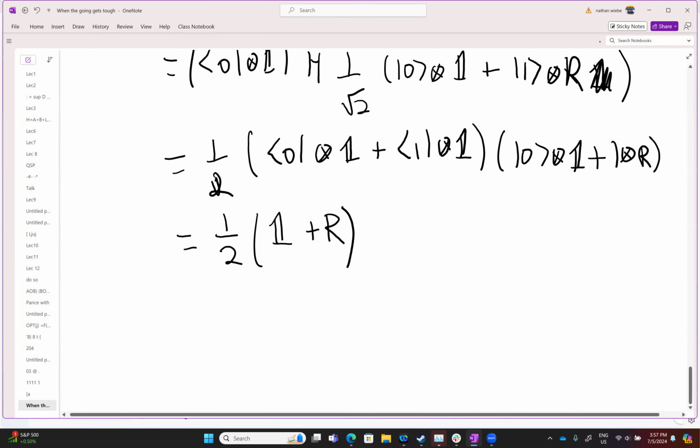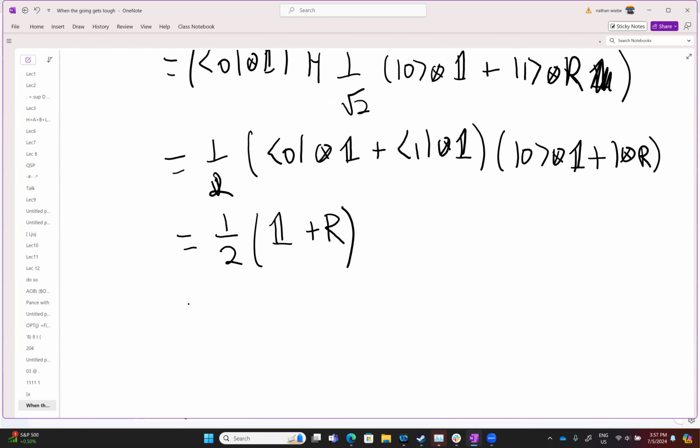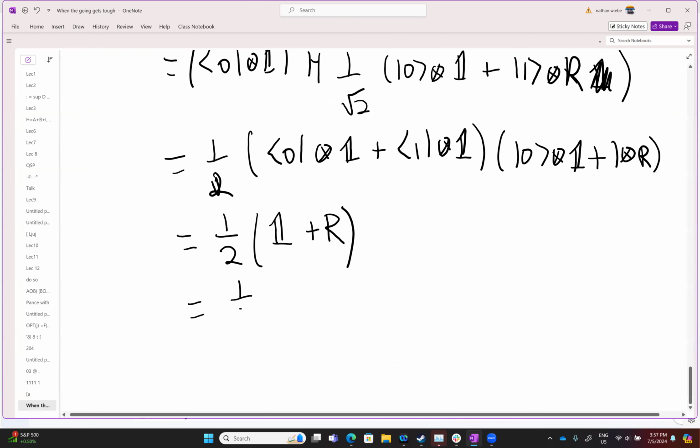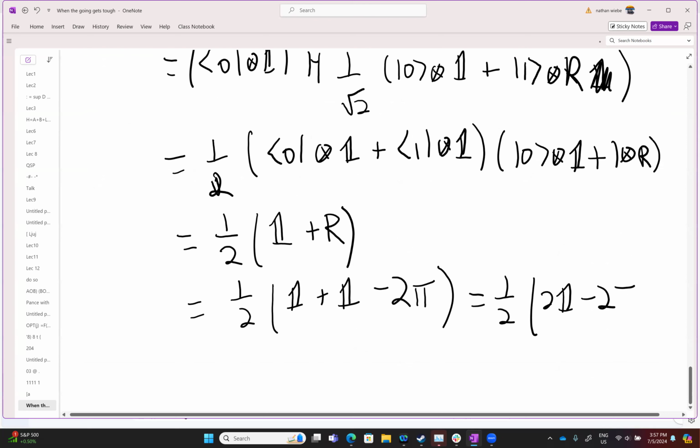So when I put in the reflection, this is 1/2 of identity plus identity minus 2 pi. Actually, maybe I was right. So this is going to be 1/2 of 2 identity minus 2 pi. This cancels, and this is just identity minus pi.